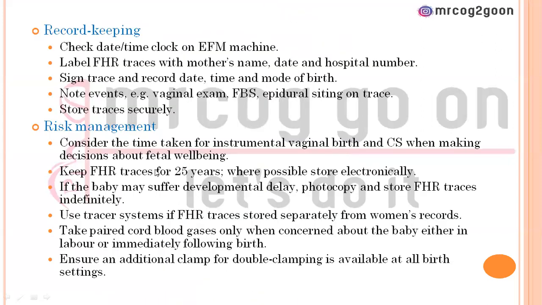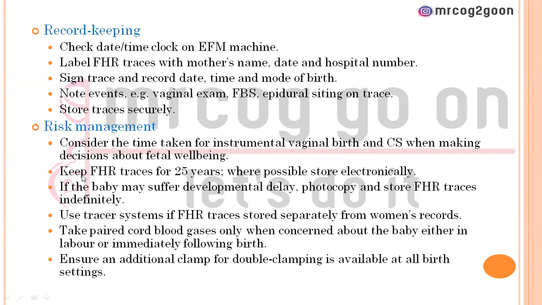Record keeping. This comes a lot. Record keeping, always keep every data of the woman with the trace, and everything that you did and every finding you found, keep it in record.